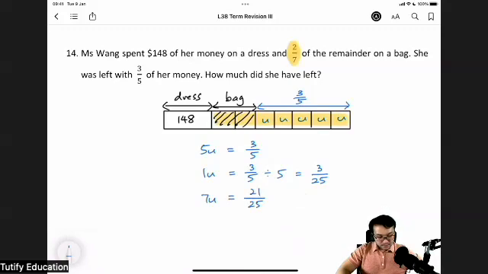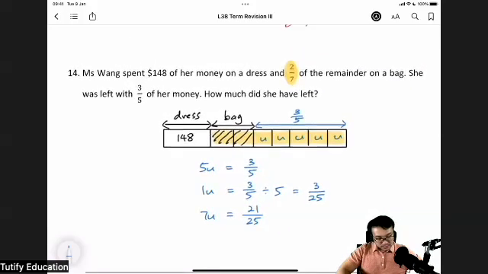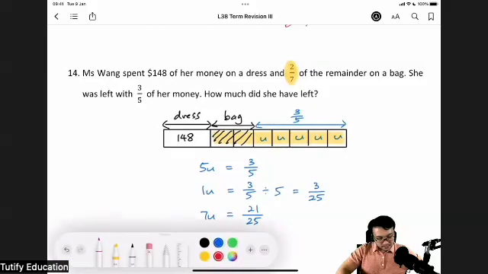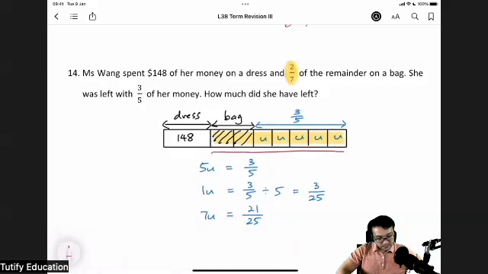Good. Because you need to multiply this by 7. Okay, multiply by 7 on both sides. You multiply by 7, you get 7 units and 21. So now we know that the yellow part, okay, Talia, the yellow part here is representing 21 out of 25.